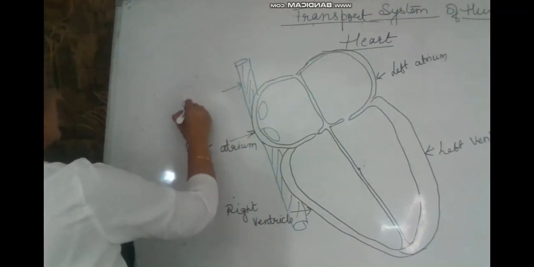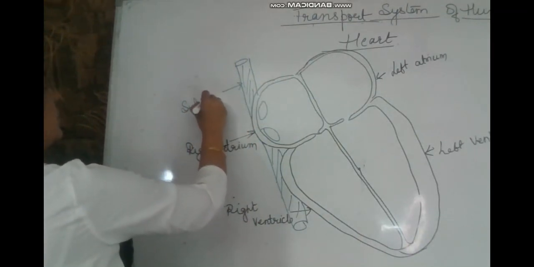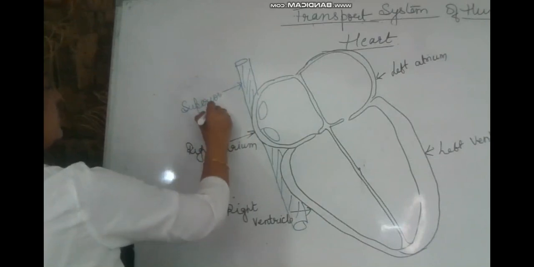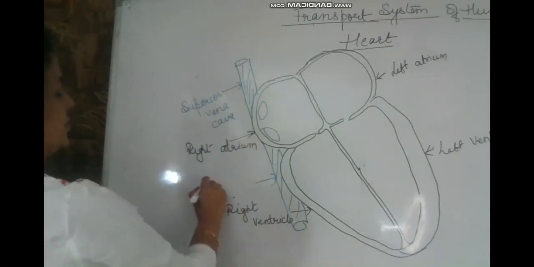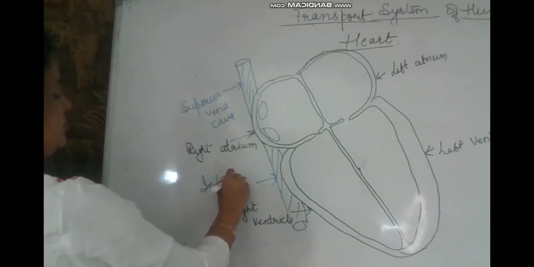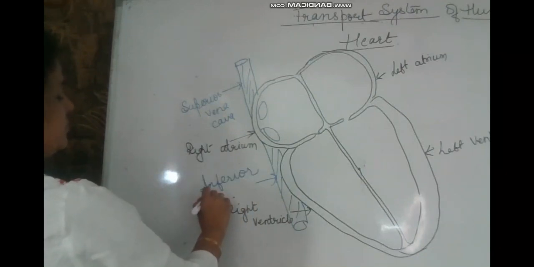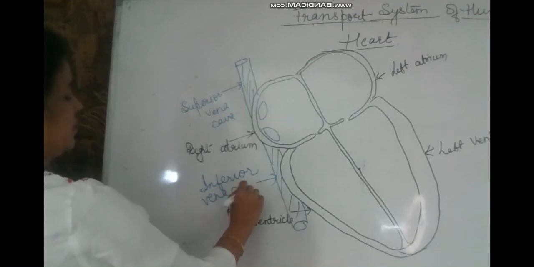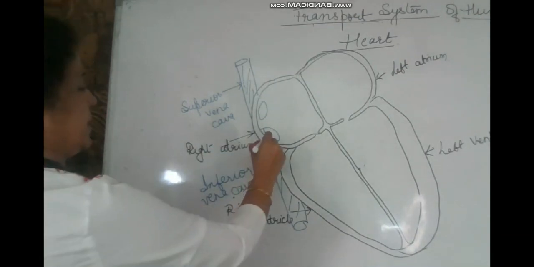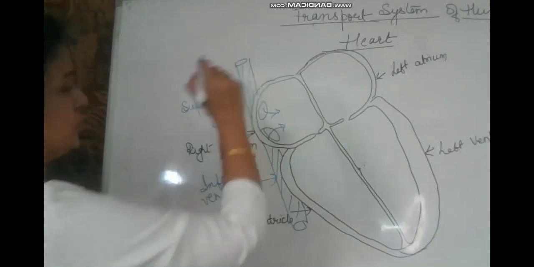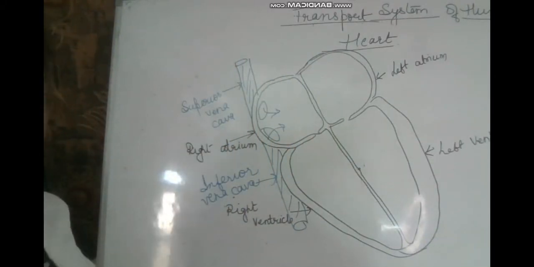This is superior vena cava and this is inferior vena cava. They are bringing the blood to this chamber.